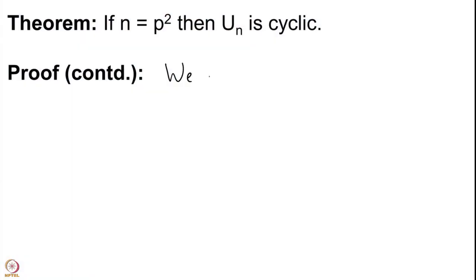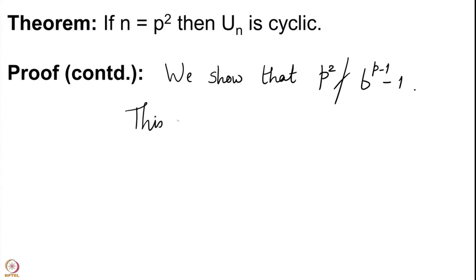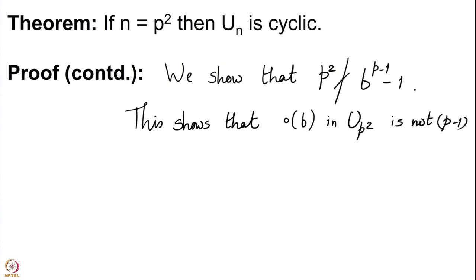We show that p square does not divide b^(p-1) minus 1. This will tell us that the order of b in U_{p^2} is not p minus 1, and then we are done.